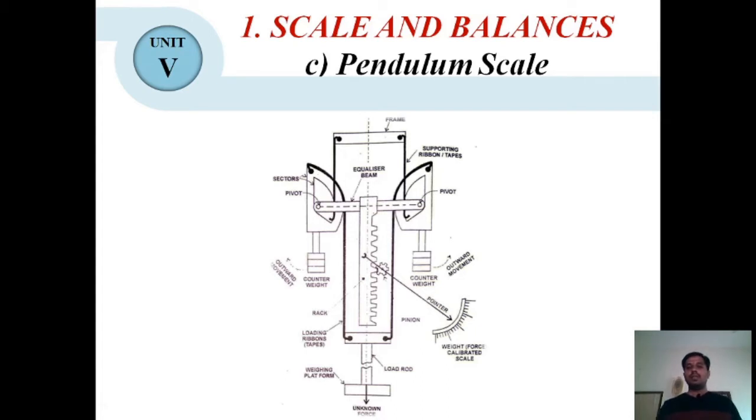There will be an equalizer beam which will connect the centers of the sectors. The function of this equalizer beam is to connect the two sectors on either side of the frame. At the center of this equalizer beam, a rack and pinion mechanism is attached.